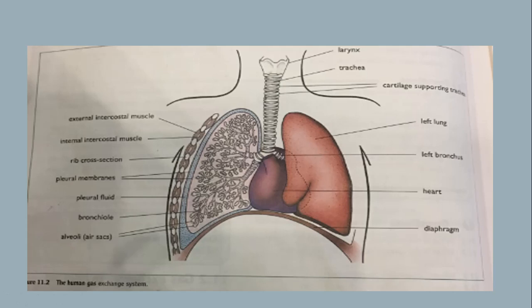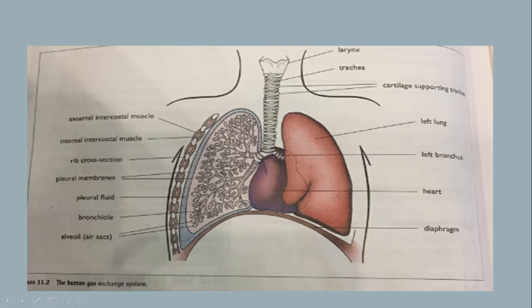So here are the sites of gaseous exchange, the alveoli; one is called an alveolus, and more than one are called alveoli. So you have to know the tract of air, starting from the nose, then to the alveolus.